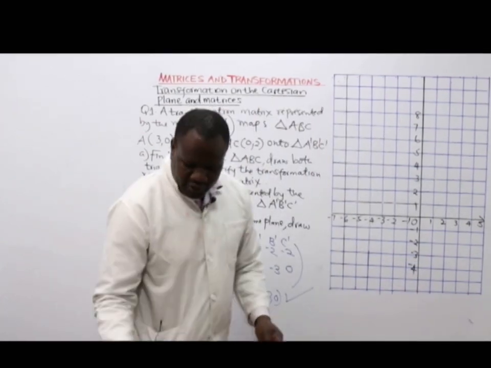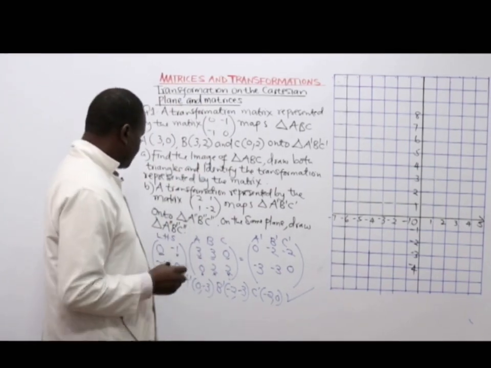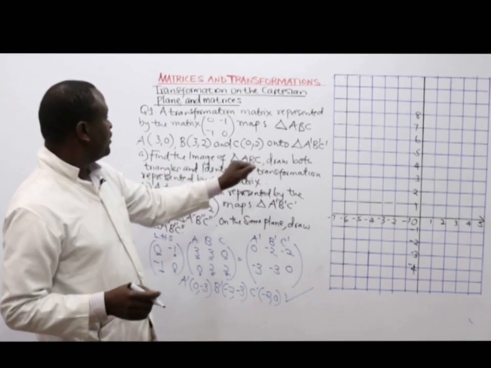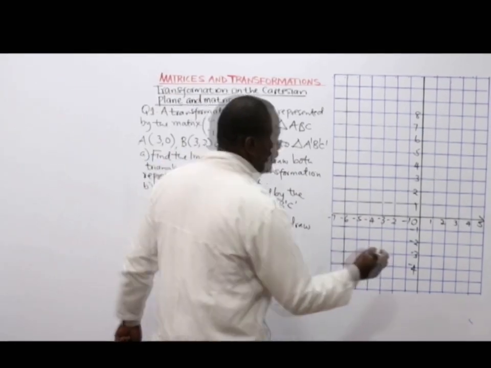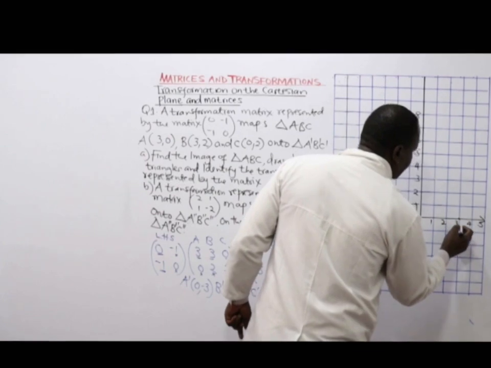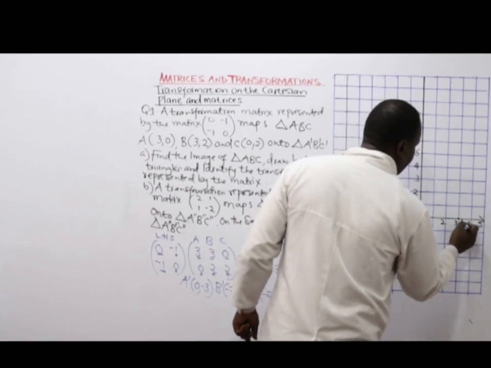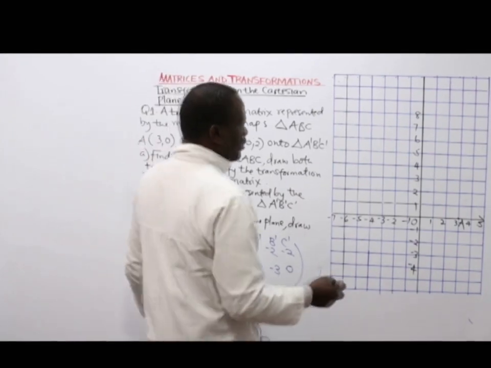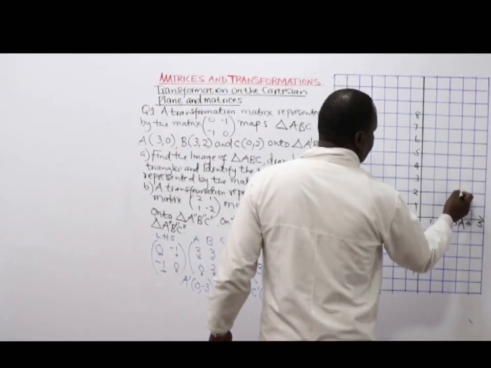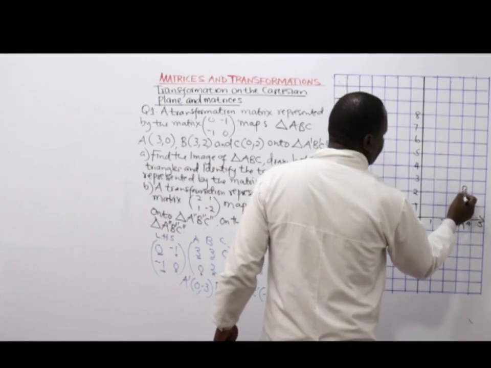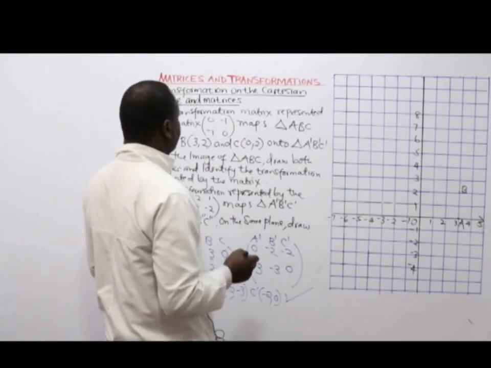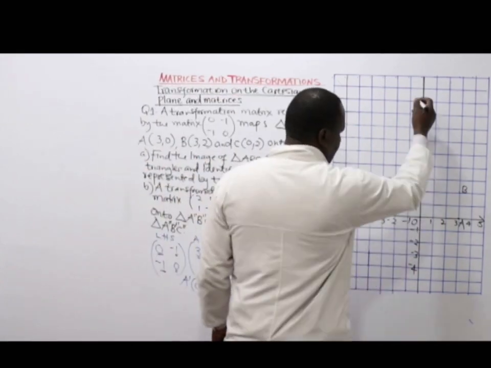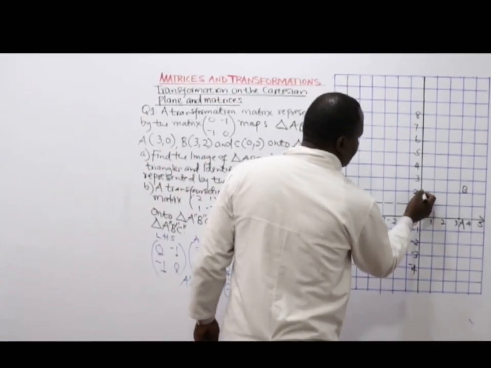So we now plot. We first plot the object. (3, 0). (3, 0) is here. That is A. (3, 2). (3, 2) is here. That is B. (0, 2). (0, 2) is here.